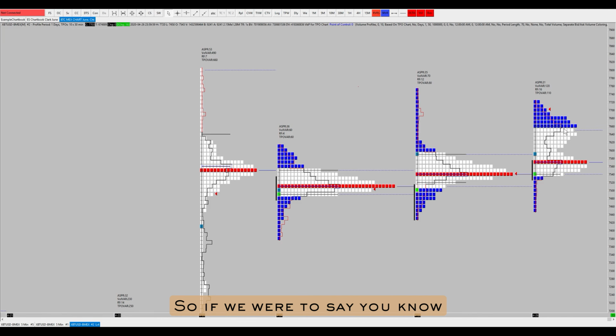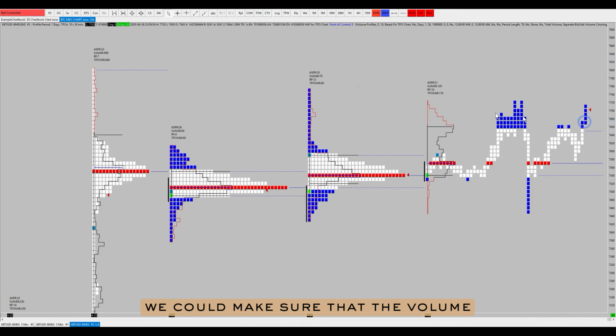So if we were to say breaking above 76.60 was an important area and we needed to see volume confirm price, before volume was reconciled throughout the day, you would have seen just the presence of these TPOs alone and said volume was confirming price. But now when we're looking at volume profile as well, we can make sure that the volume was actually confirming that presence. When I refer to presence, I mean the fact that we were there.